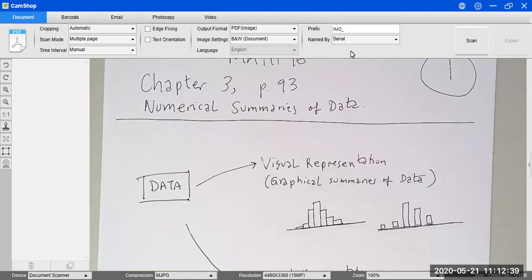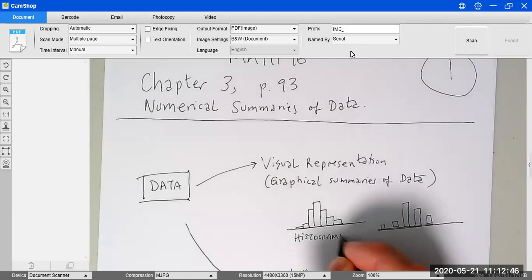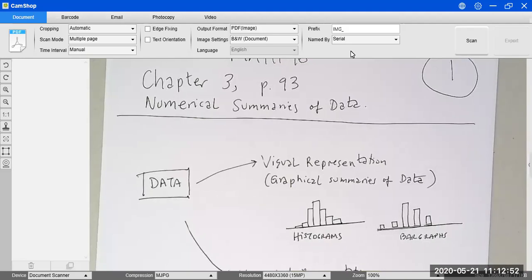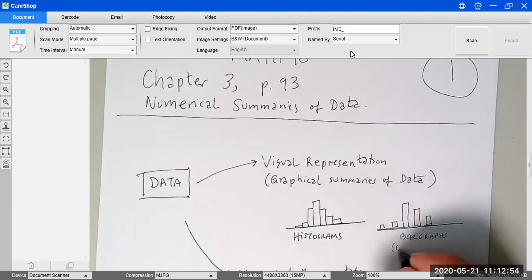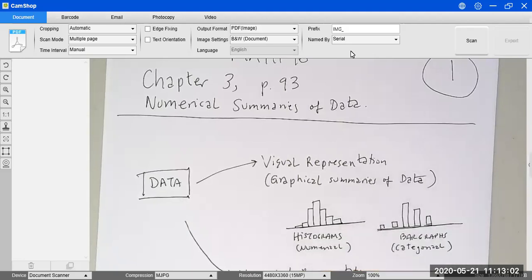The most important ones were the histograms and the bar graphs. They look the same. The only difference is that bar graphs are for categorical data and histograms are for numerical data.